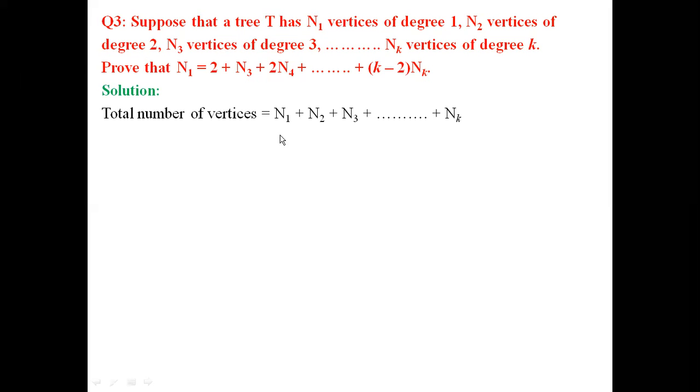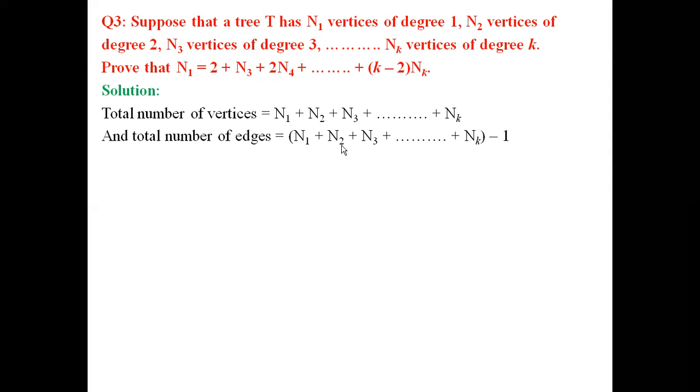Total number of vertices: there are n1 vertices, n2 vertices, n3 vertices, etc. up to nk vertices. If we add up all these, we get the total number of vertices in the tree, which is n1 plus n2 plus n3, etc. up to nk. Now, the total number of edges in the tree will be the total number of vertices minus 1.